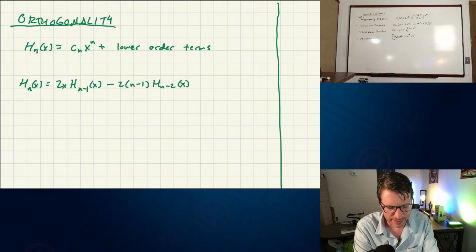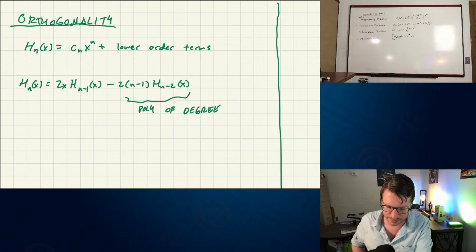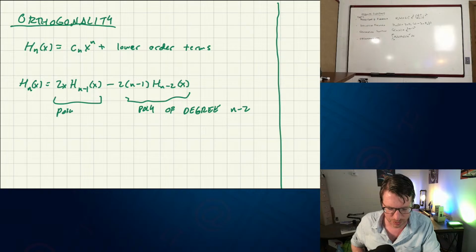And so what we can see then is that this guy ends up being a polynomial of degree n minus 2, and this is a polynomial of degree n.